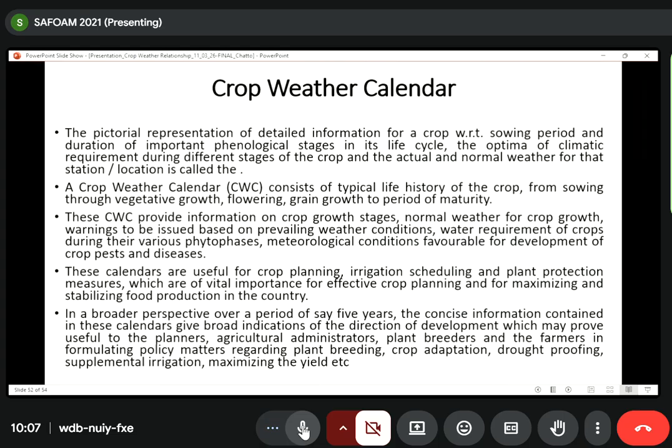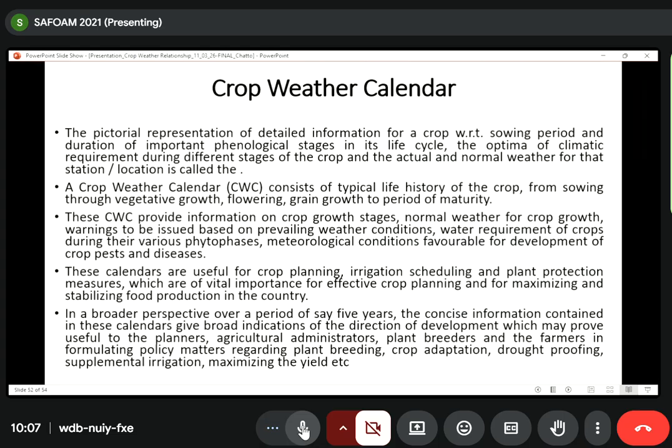Whatever I have mentioned there has been put into the crop calendar, which is a very handy tool for weather-based farm management, where the different stages have been mentioned.